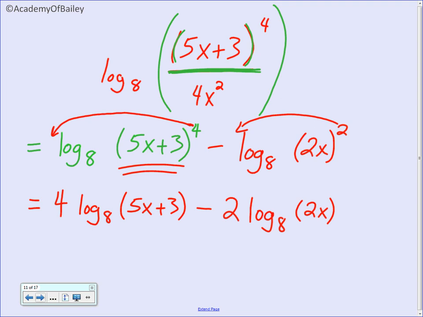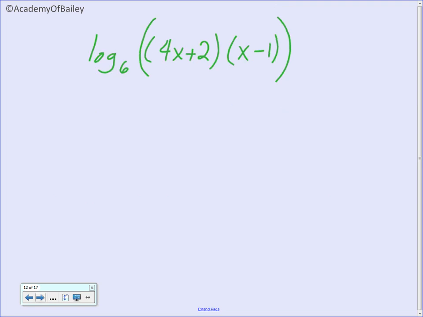We're just showing you how to use all three of those properties together to get something that looks a little bit different. In this one here, well, it looks like we are multiplying two numbers. So let's use the product property. The product property is going to tell us that we're going to take the log base 6 of the first number, and we're going to add it with log base 6 of the second number.